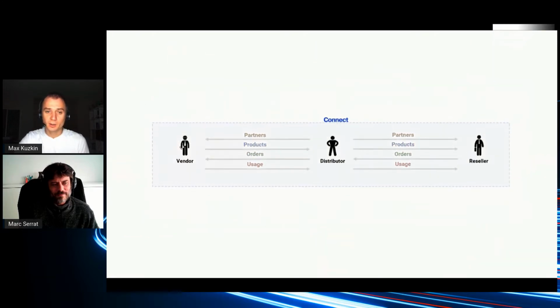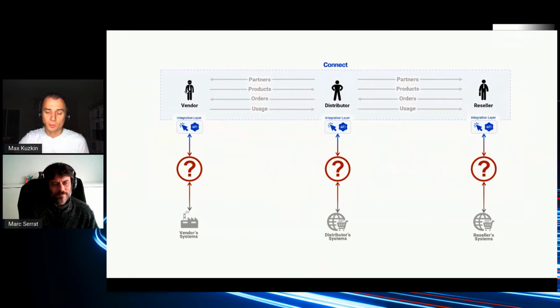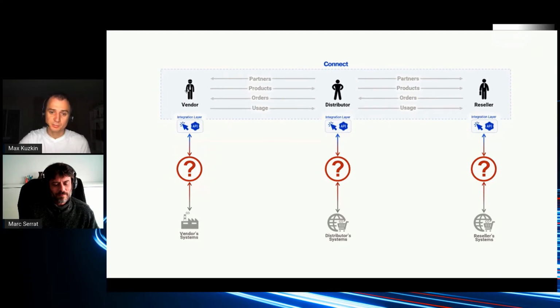Essentially, we have our APIs and user interfaces on the side of the platform, and our platform has to be integrated with all those external systems, whether on the vendor side or on the distributor side, which technically means that middleware needs to be developed in order to translate API calls from one system to another and business processes between those two systems.